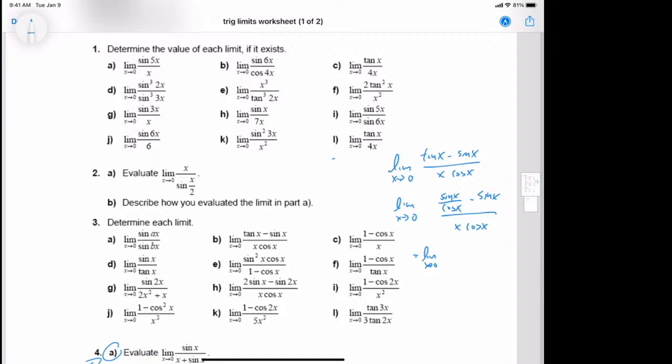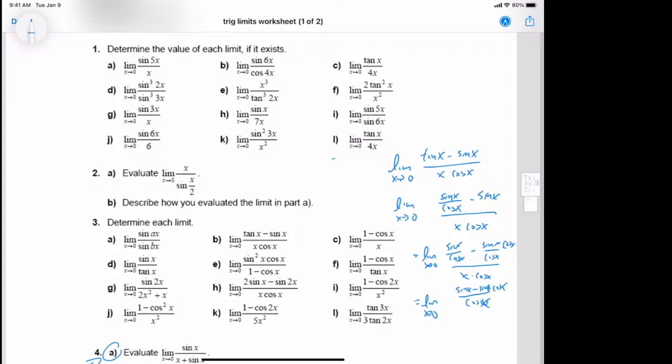So I'm going to say sine of x over cosine of x minus sine of x over cosine of x times cosine of x over x times cosine of x. So it's equal to the limit as x approaches 0, and it's going to be one over cosine of x, times sine of x minus sine of x cosine of x, times 1 over x cosine of x.